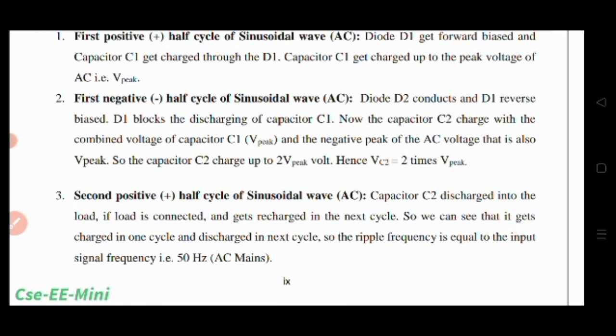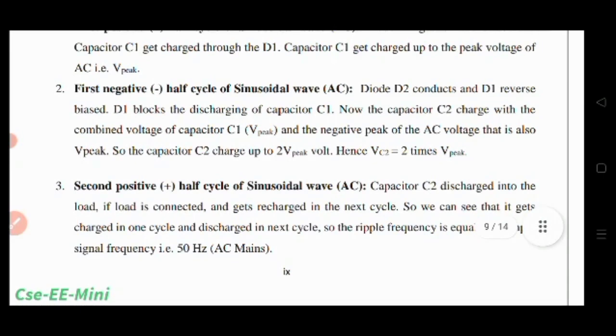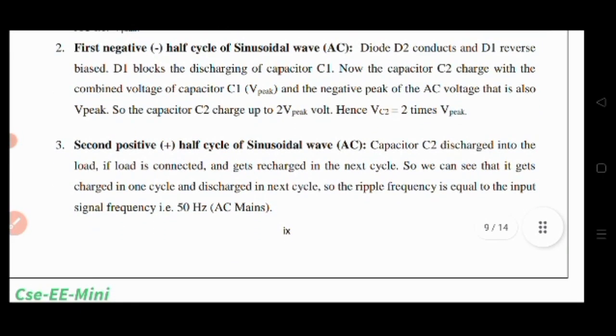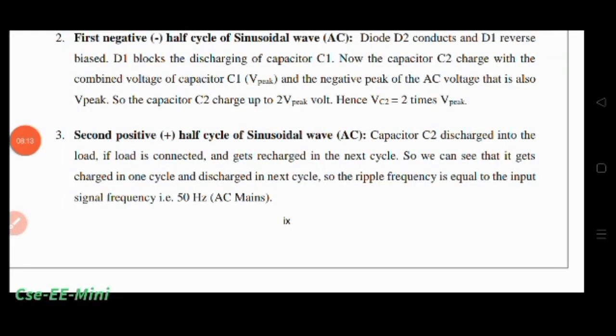In the positive half cycle, D1 gets forward biased and C1 gets charged through D1 up to V peak. In the first negative half cycle, D2 conducts and D1 is reverse biased. D1 blocks charging of C1, so only C2 will be charged, and this time it will charge to 2 V peak according to the hypothetical situation.